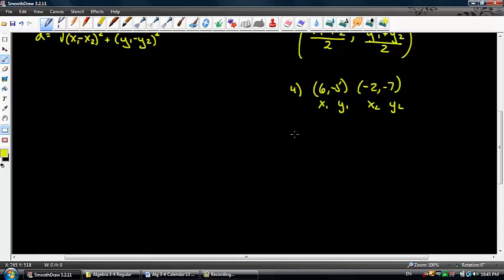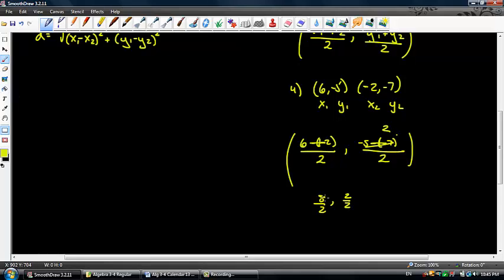I've got my midpoint, which is 6 minus -2 over 2, comma, -5 minus -7 over 2 again. Add those two together, I get 8 over 2, comma, this looks like 2 over 2. So my final coordinates are going to be 4, comma, 1.